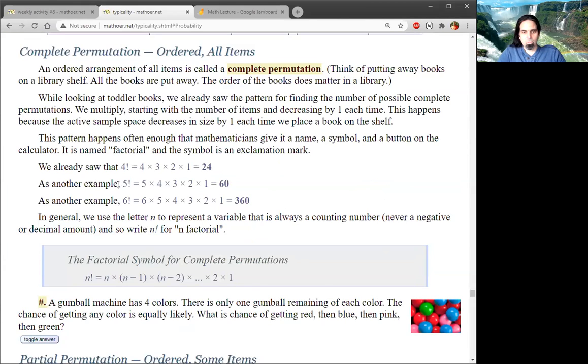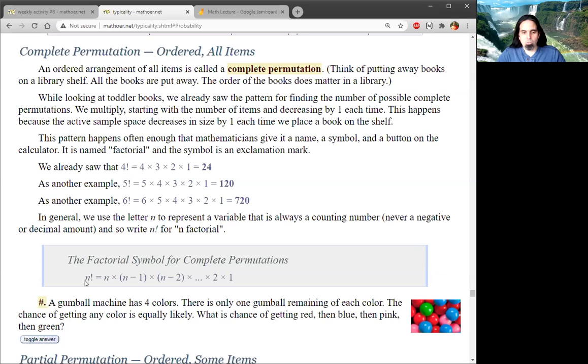As another example, 5 factorial, that's going to be 24 times 5 now. So 120. This must have been too late at night. Okay, and then when I multiply by 6, I get to 720. Okay, there we go. So 5 factorial would be 5 times 4 times 3 times 2 times 1. 6 factorial would be 6 times 5 times 4 times 3 times 2, and so on.